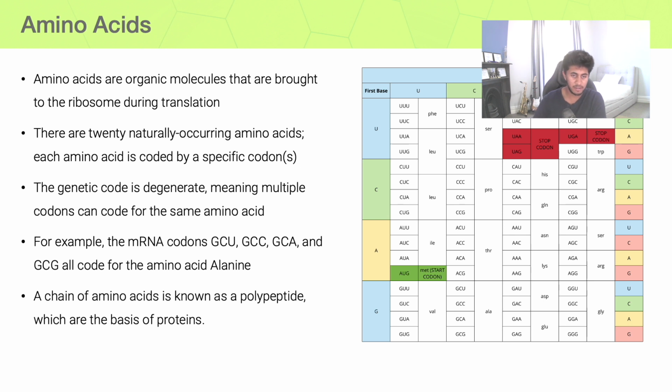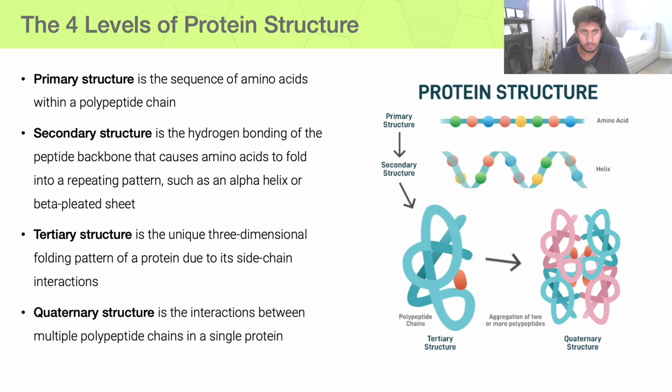Now, I've mentioned again, polypeptides are just a chain of amino acids linked together by peptide bonds, and these are the basis of proteins. So we describe proteins using 4 levels of explanation, and there are these 4 structures that are really important, and you need to know the definition of all of these.